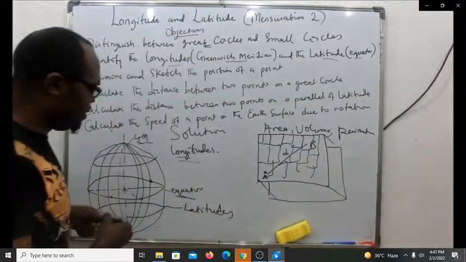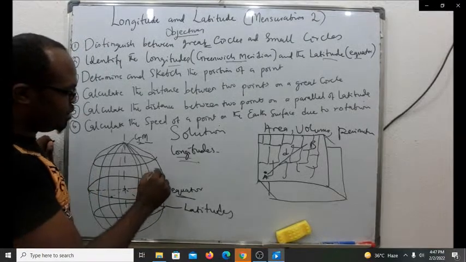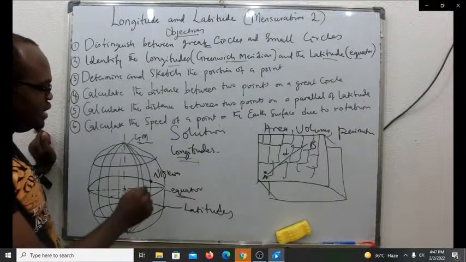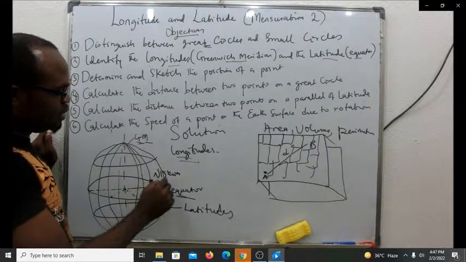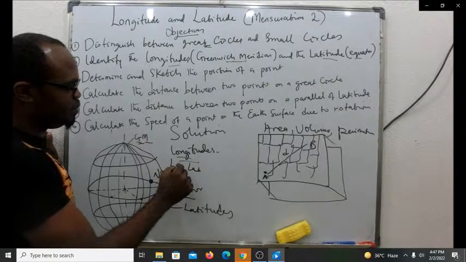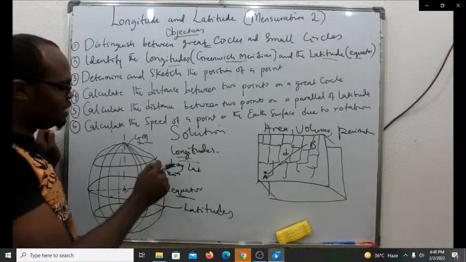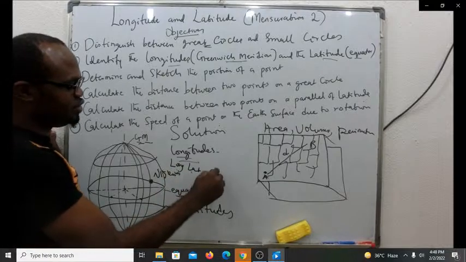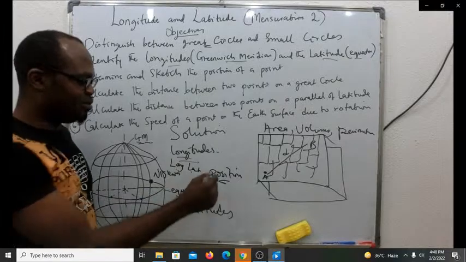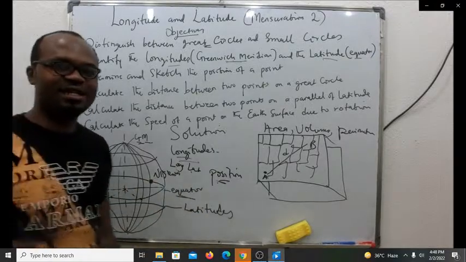So let's say you pick a point here, and this point is in Nigeria, maybe in Abuja or anywhere. If you locate this point, you can find the longitude and you can also find the latitude of this point. So when you give us the longitude and latitude, you are giving us the position of this point. So anybody that you tell that this is the position of this very point, he can easily locate it.